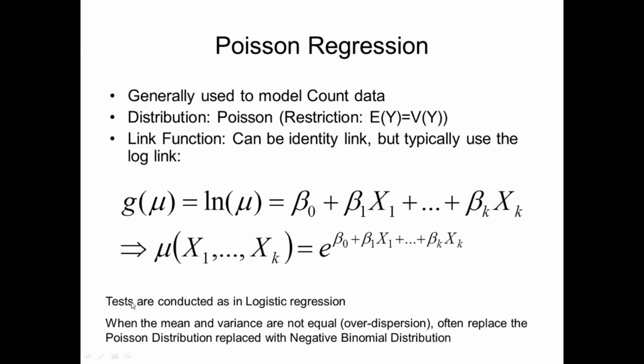Tests are conducted in this situation as in logistic regression, and when the mean and variance are not equal, which is called overdispersion, we often replace the Poisson regression by the negative binomial regression. So that is the essential that I need to tell you about generalized linear models.